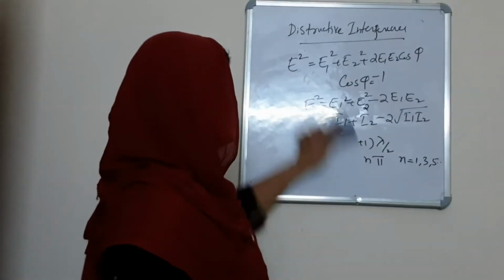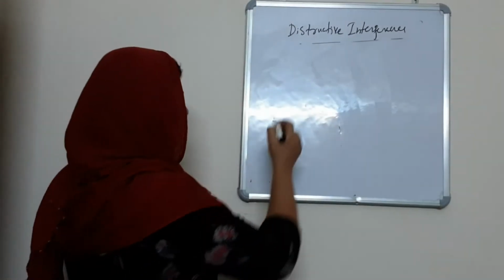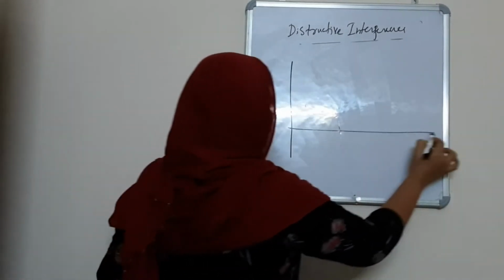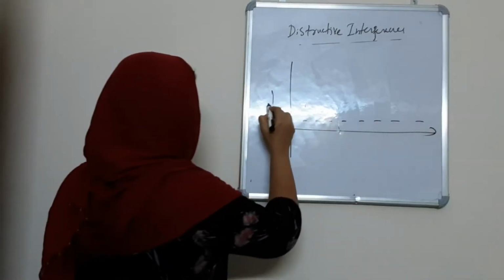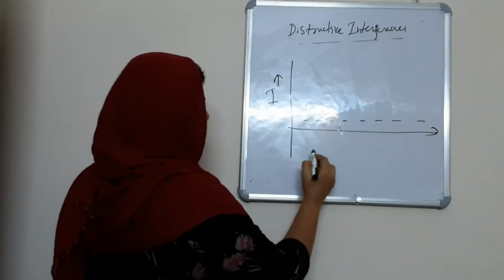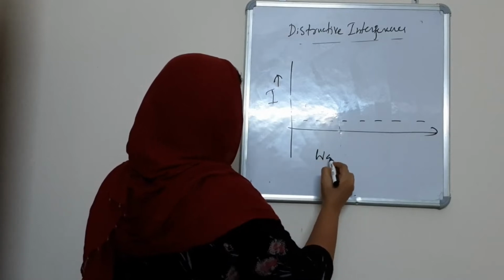destructive interference. Then we get the waveform: minimum, 0 intensity, and phase angle and wavelength.